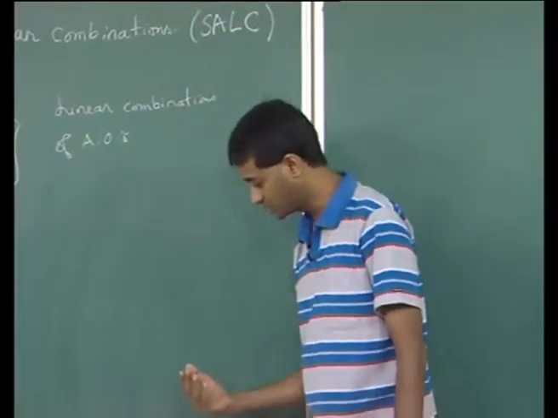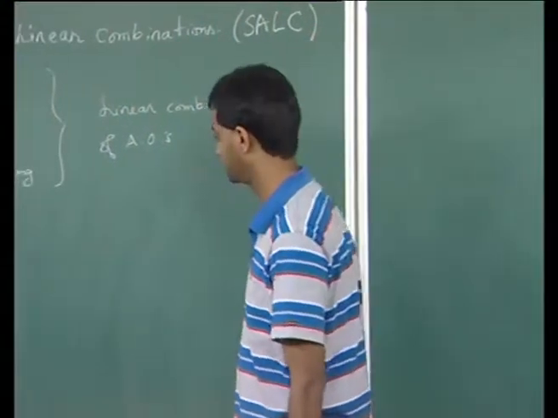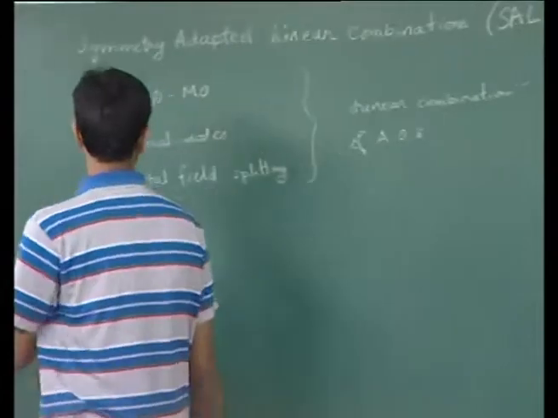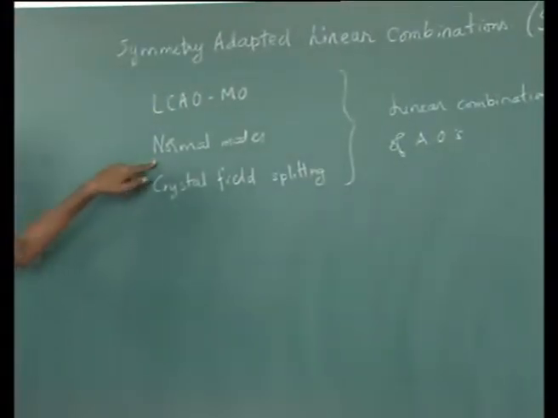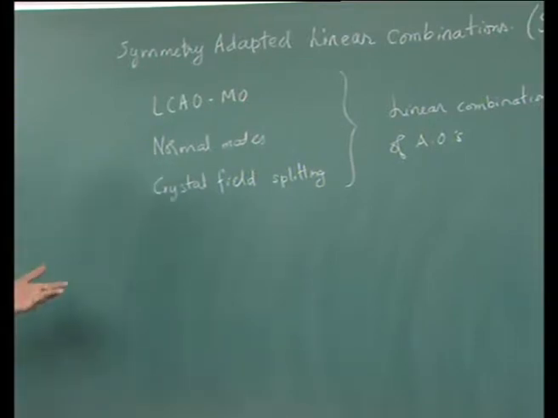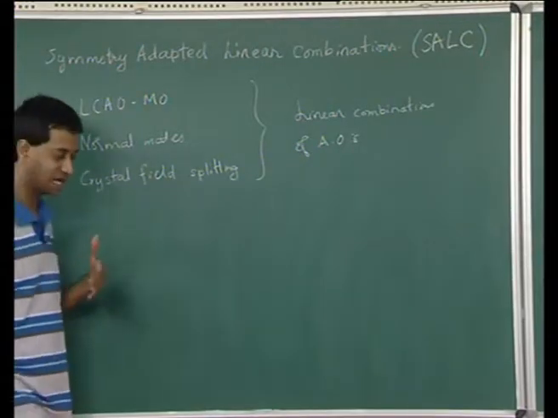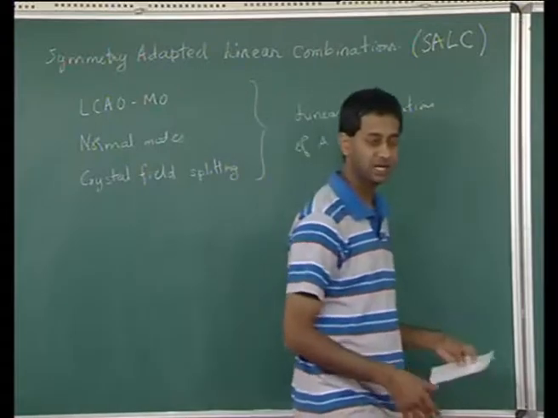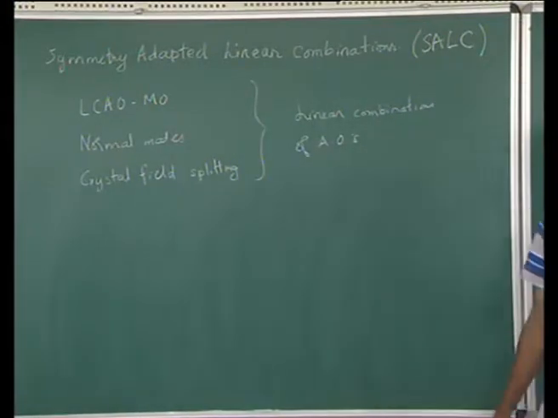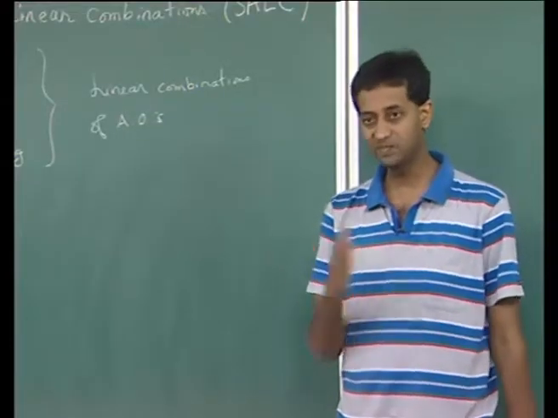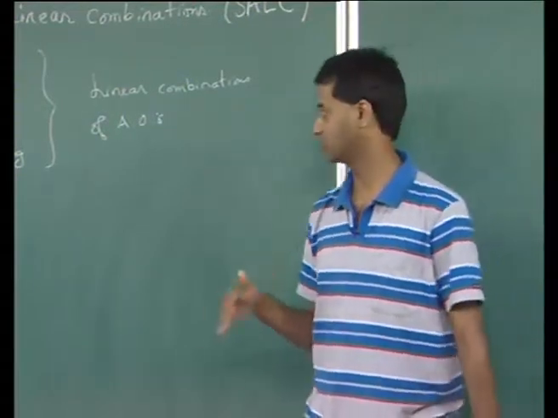The other problem in which symmetry adapted linear combinations are widely used is in studying the normal modes of vibration. Suppose you have a polyatomic molecule, then you have a large number of vibrational degrees of freedom, and the independent vibrations are what are called normal modes.